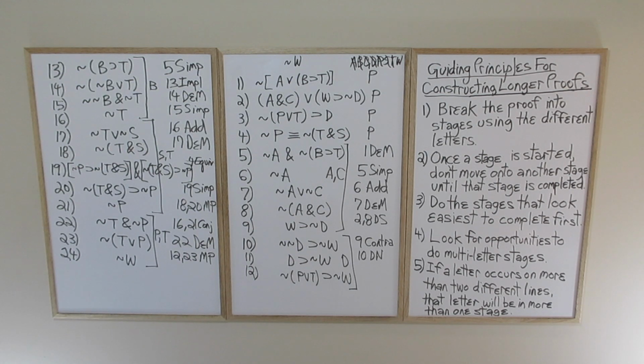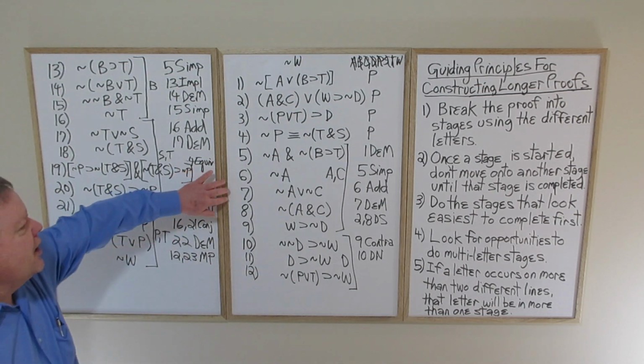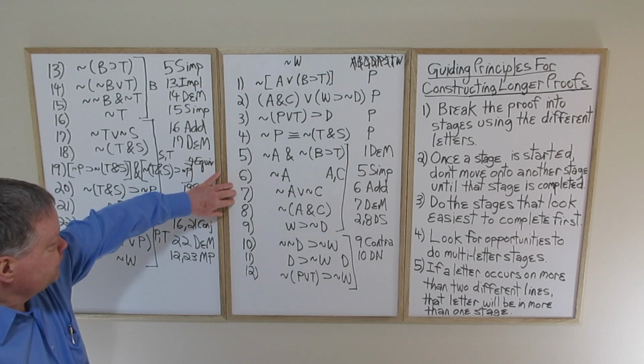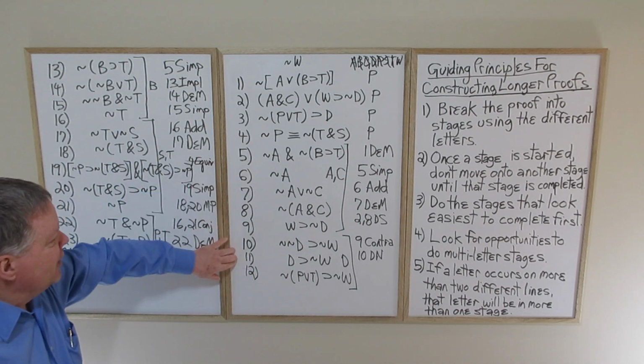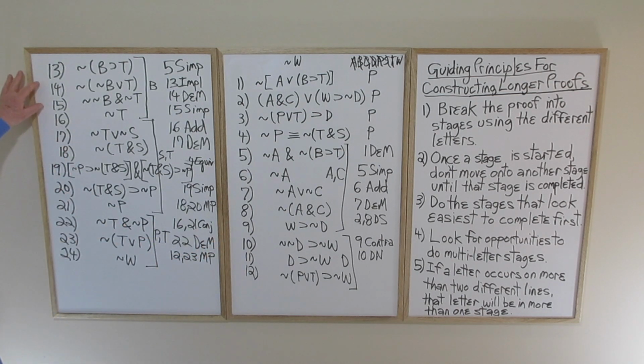Much easier though if we've kept things in stages, where we have a 5-line A and C stage, a 3-line D stage, the 4-line B stage where we're just getting rid of B-related information, and finally a 5-line S and T stage, as well as we end off the proof with a 3-line P and T stage.